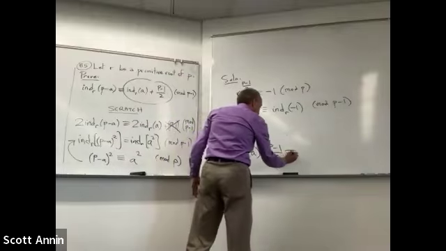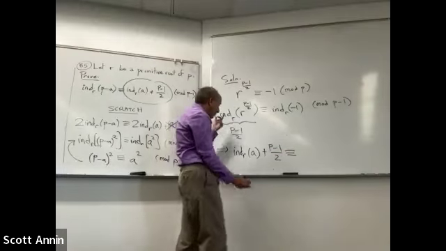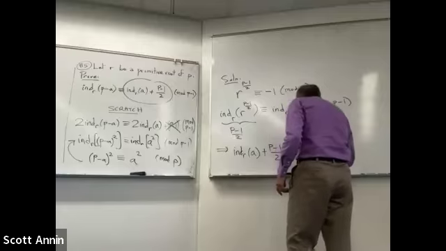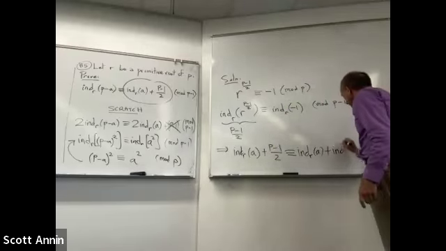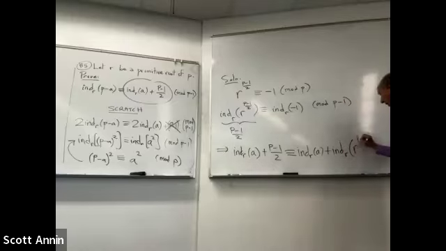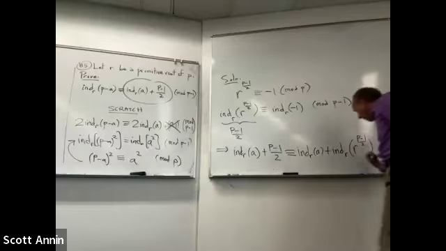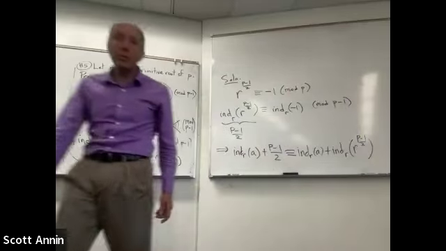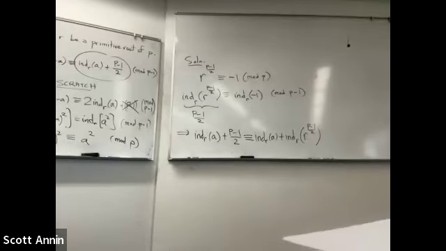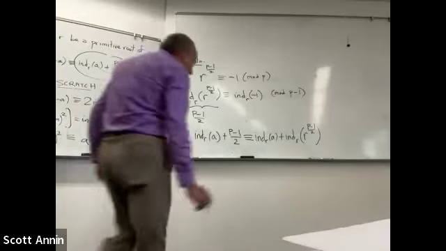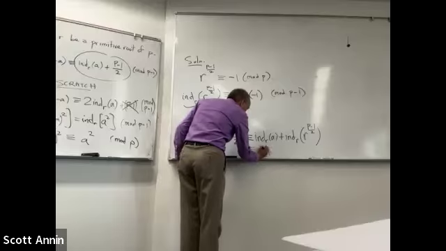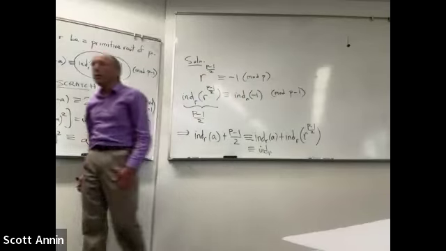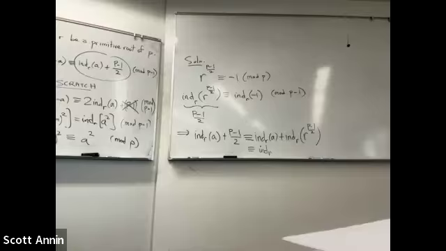I can replace that second term with the index relative to r of r to the power of p minus 1 over 2, and now I can use my properties of index to combine that into a single index here.